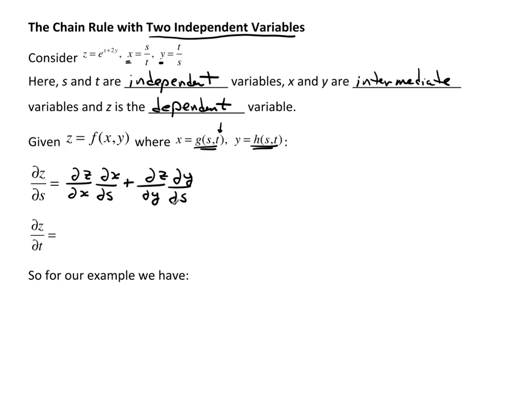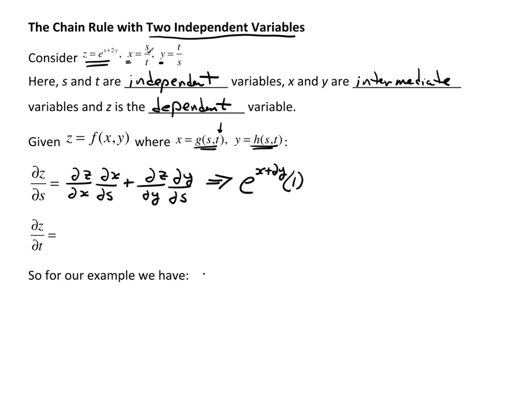So in this case, with z being equal to e to the x plus 2y, the partial of z with respect to x means I need to take the derivative of this with respect to x, which is going to be e to the x plus 2y times the derivative of this with respect to x, which is just 1, so I don't need to write it, but I could for completeness, times the partial of x with respect to s.